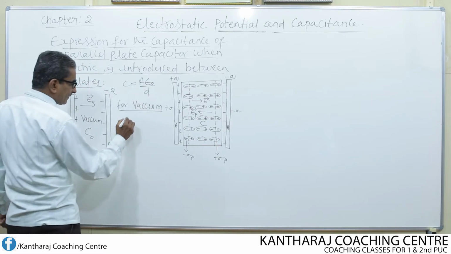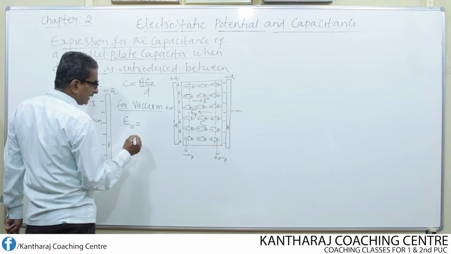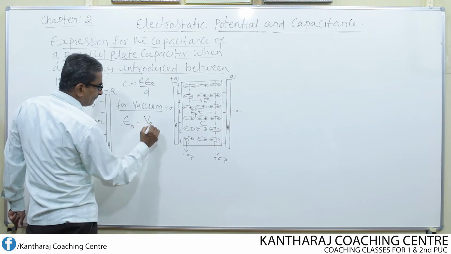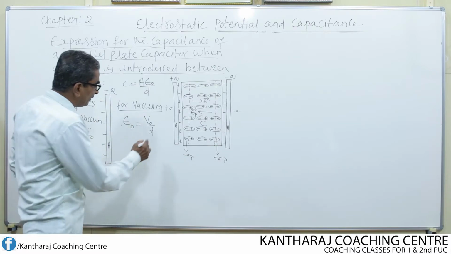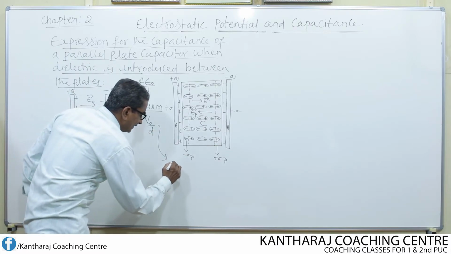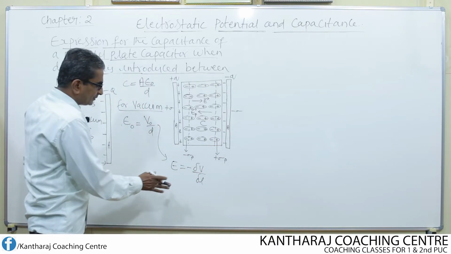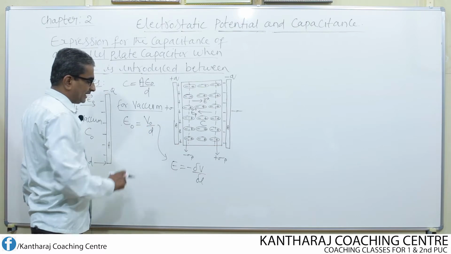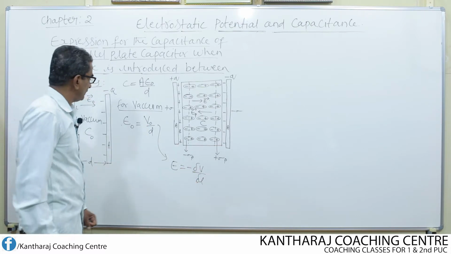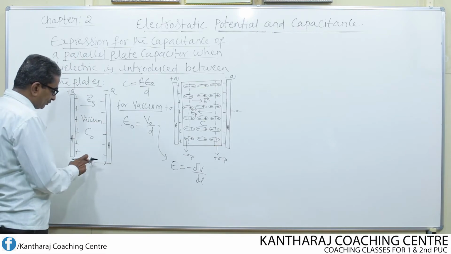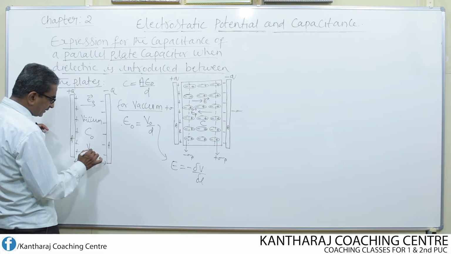Let us consider first E naught, the electric field between the two plates, equal to V naught by D. How do you consider this equation? We derived an expression for this, that is E equal to minus delta V by delta L. So, this is the base equation: electric field is nothing but potential divided by distance of separation. The potential difference between the two plates is taken as V naught.